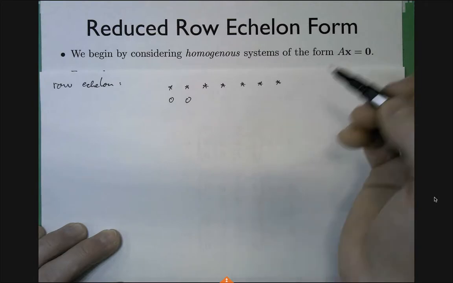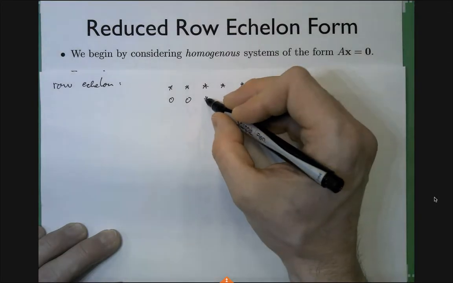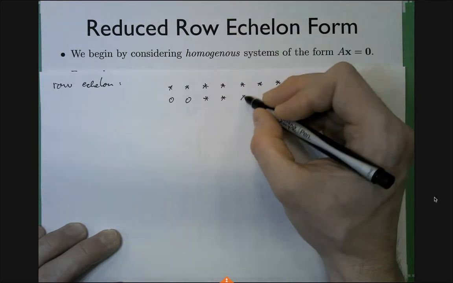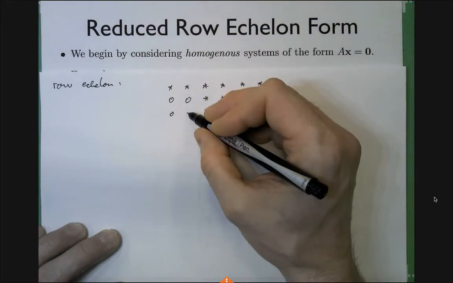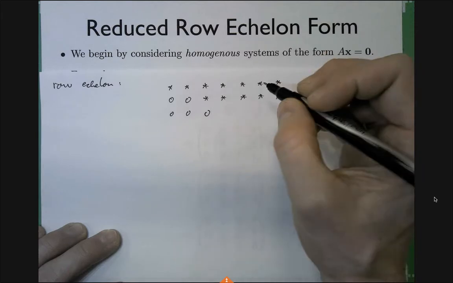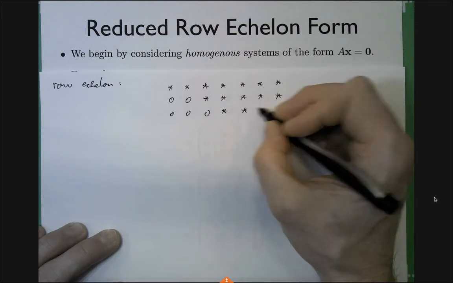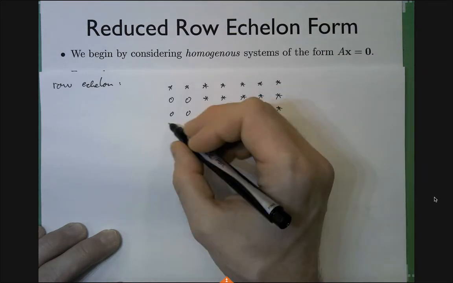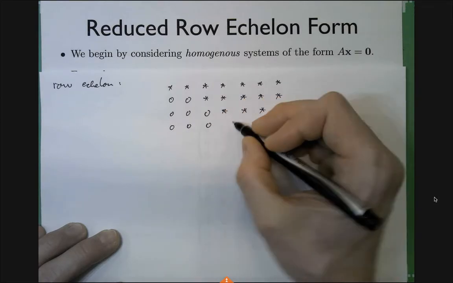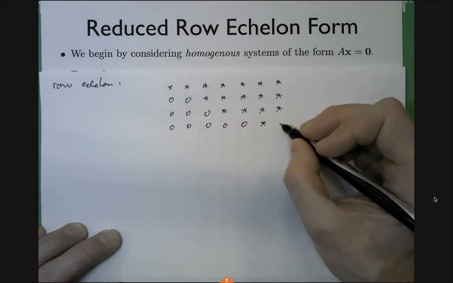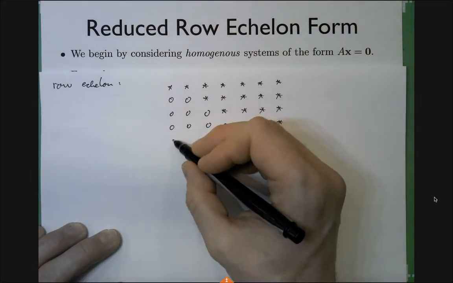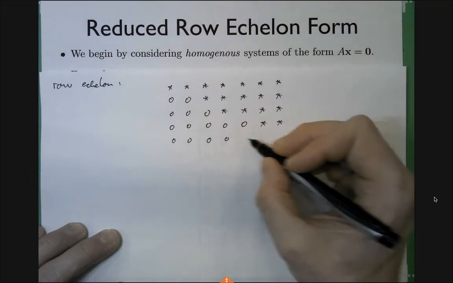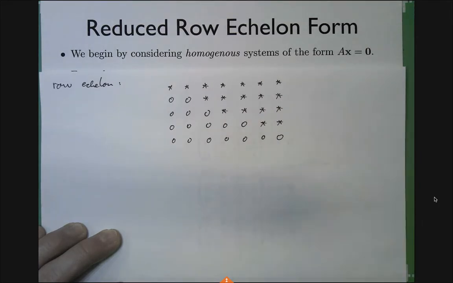These stars I'm drawing mean these can be non-zero numbers, okay? And any matrix I can bring by performing Gaussian elimination to this staircase-like form, where I have any number of leading zeros, and after that I have non-zeros, okay?